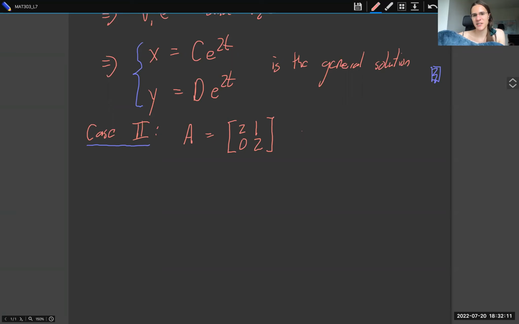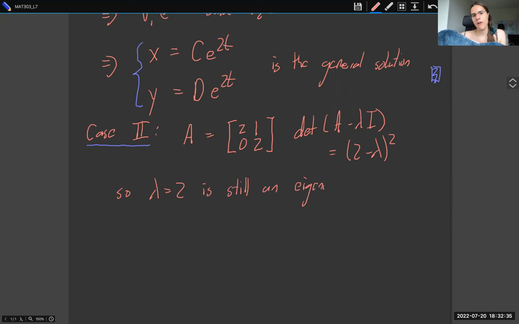So let's take the determinant of A minus lambda I. Well, we get this term as before, and then this term contributes nothing. So it's still 2 minus lambda squared. So lambda equals 2 is still an eigenvalue of multiplicity 2.